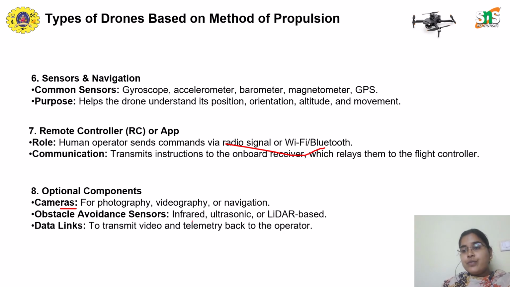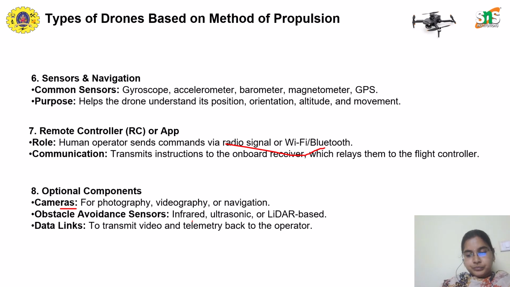If we go for fully autonomous flight, we need obstacle detection sensors. For obstacle detection we mostly use ultrasonic, and in some applications infrared and lidar are also used. The last one is data links, to transmit video and telemetry back to the operator. So these are the interlinked main components we can see in an electric powered drone.